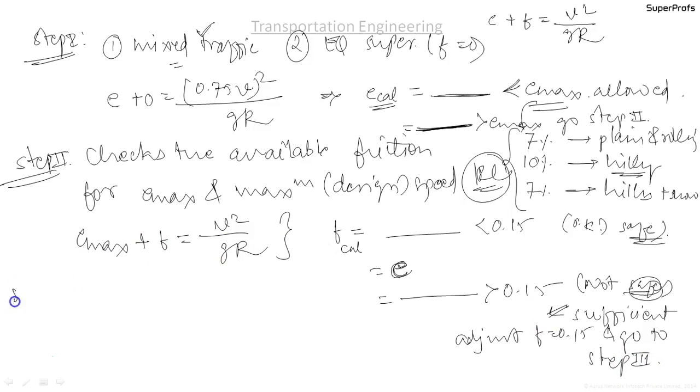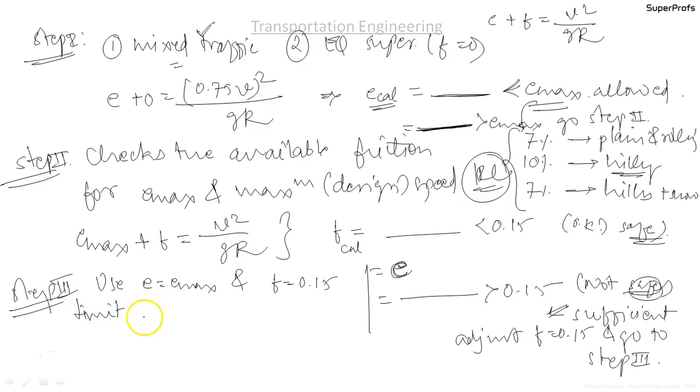So step 3 will be: use E equal to Emax and F equal to 0.15 or whatever the value is given. Reduce the speed on the curve, that is, limit V. So here the formula will be Emax plus 0.15 equal to V square upon GR.